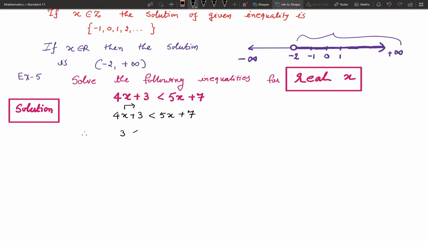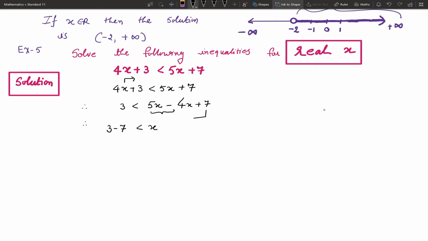So 3 less than 5x minus 4x plus 7. Now we simplify, and at the same time we transfer 7 to the left hand side, so again it will change the sign. 3 minus 7 less than 5x minus 4x.